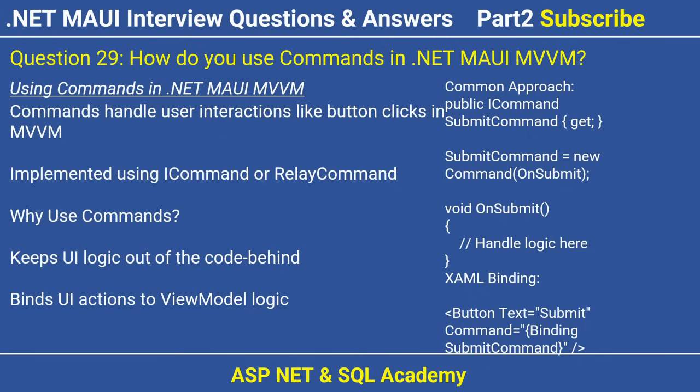The method OnSubmit contains the logic to execute when the button is clicked. In XAML, you bind your button to this command. As an example, commands help keep your UI logic clean and ensure everything is testable, reusable, and easily maintained.